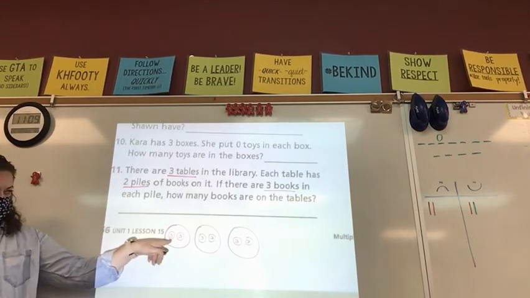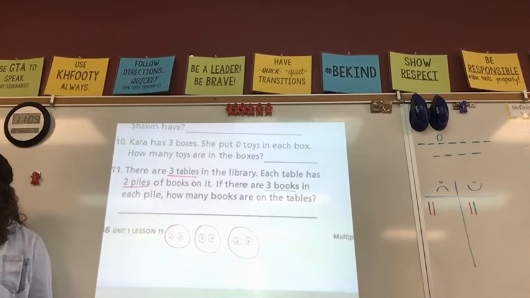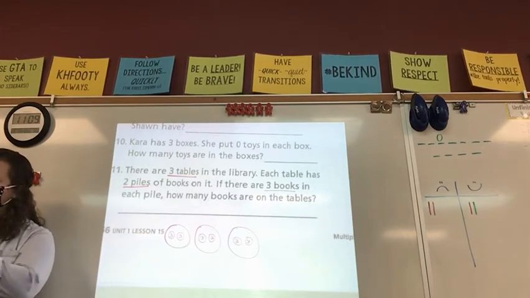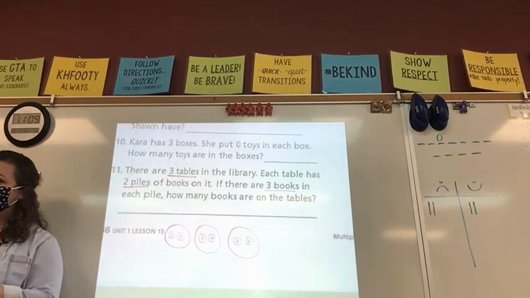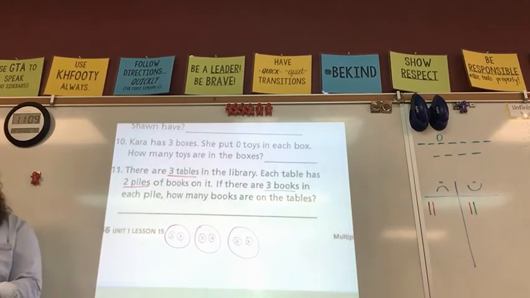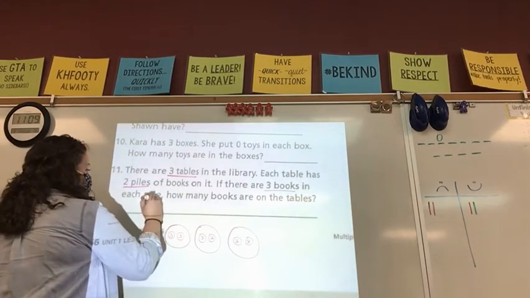Because it kind of looks like I got 2 groups of 3 here. How would I represent 2 groups of 3? 2 times 3. That's going to be my first part.